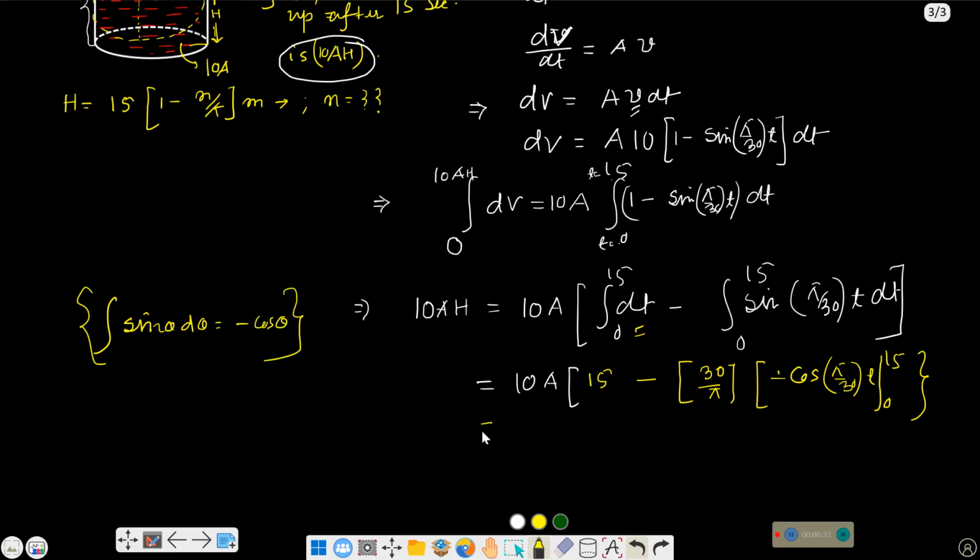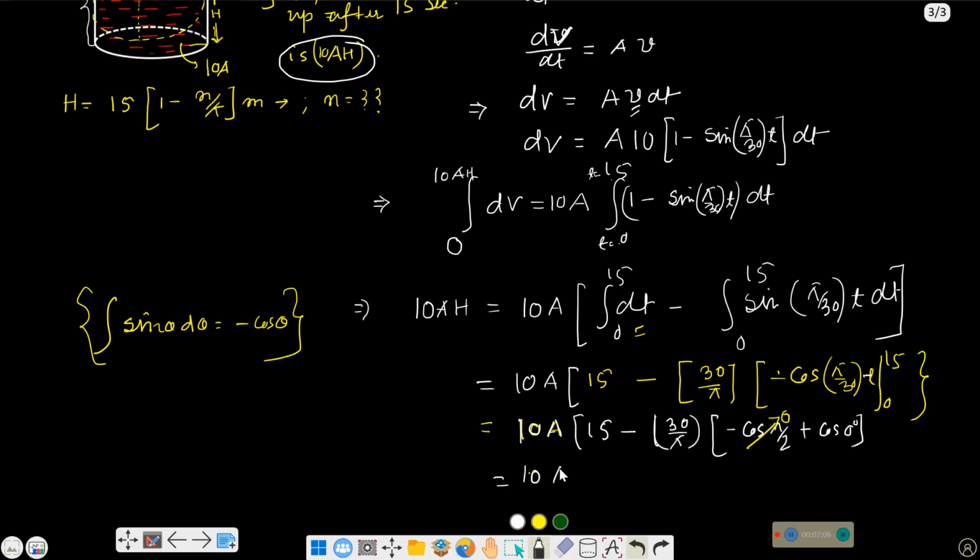So 10a is constant, and next it is 15 minus 30/π times minus cos, with the upper limit. If we put 15in place of t, we get cos(π/2), which is 0, and the lower limit gives cos 0, which is 1.